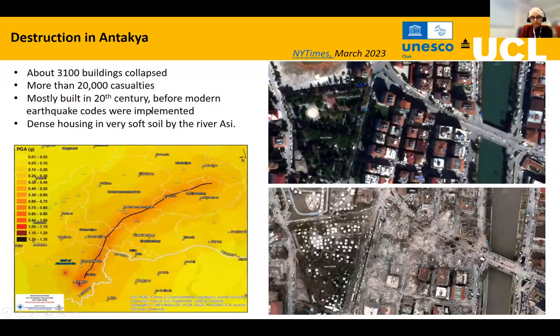If we look in more detail at Antakya city, this is one of the most severely affected areas in this earthquake, with more than 3,000 buildings collapsing and several others to be demolished, more than 20,000 casualties, and several of these buildings being built before the modern seismic codes were in place.